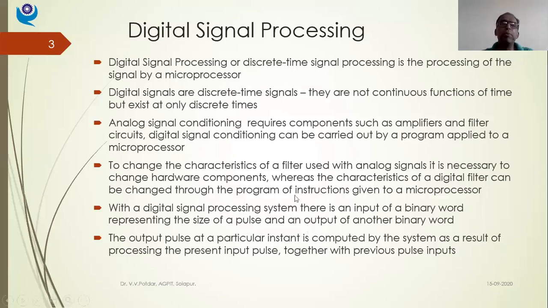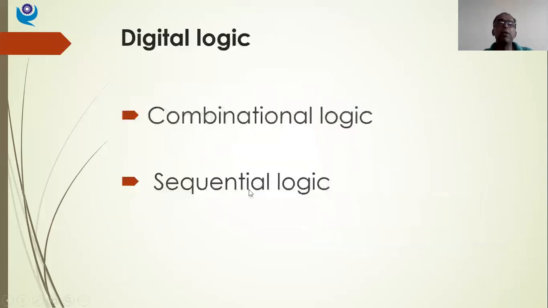Let us see a few of the fundamentals of digital signal processing. The digital logic, we are not going into the details of all the logic functions, but we'll just have an overview. Two types of logics we'll be considering here. There is a combinational logic and the second is sequential logic. So what is the basic difference? Combinational logic, if you remember in second year, you must have studied some of the logic gates.